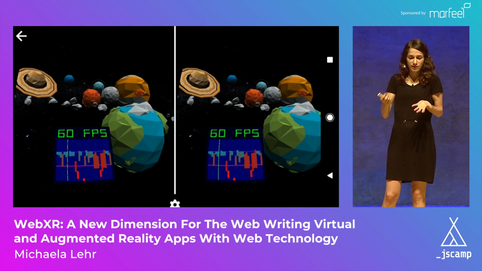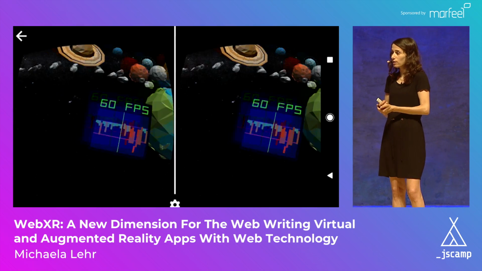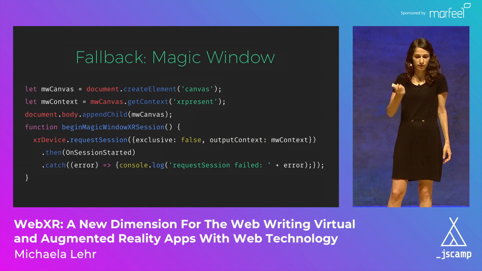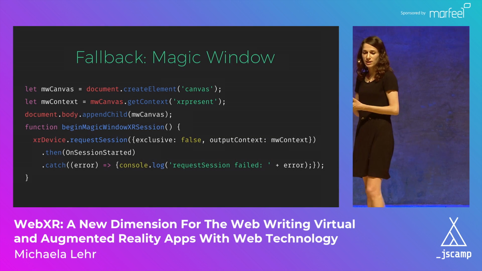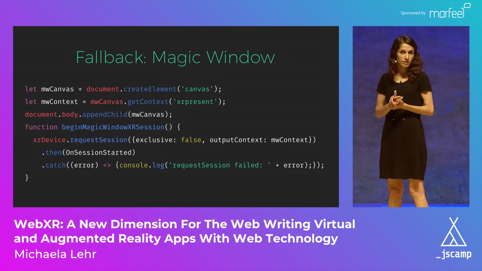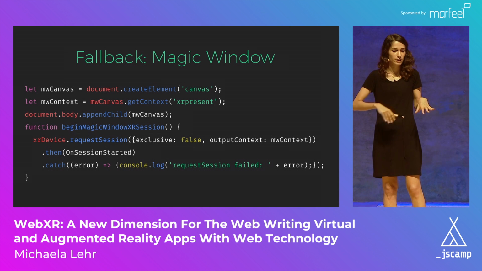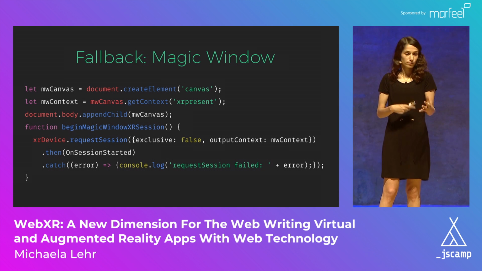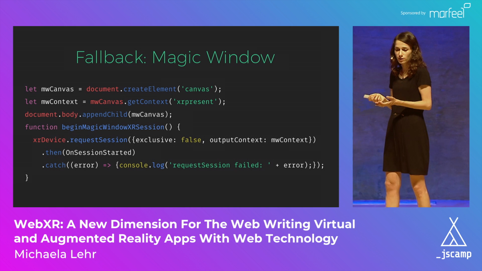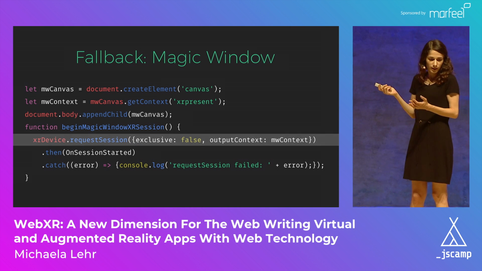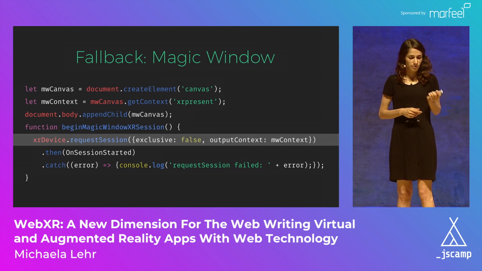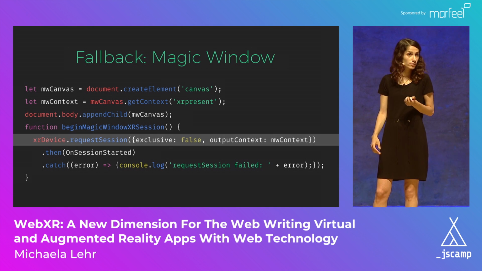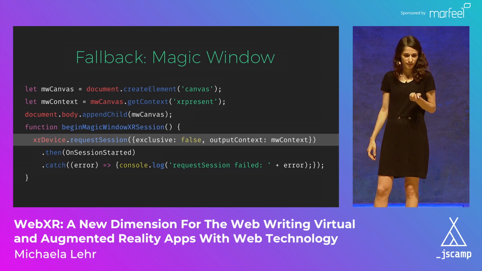So whenever stereoscopic rendering is not available or not yet requested, you could show the exact same scene in a magic window. And the cool thing about the magic window mode is that it does not require a user gesture. So you can just render your content to the page when it is loaded, without requiring the user to click any button or similar. To start the XR session for the magic window, you can use the XR session's creation method, set exclusive to false.